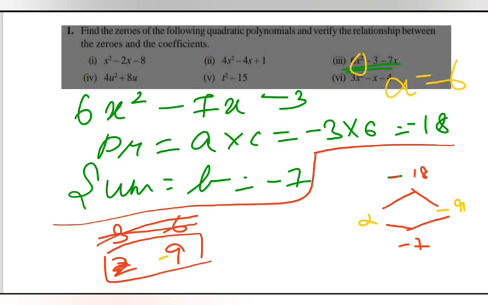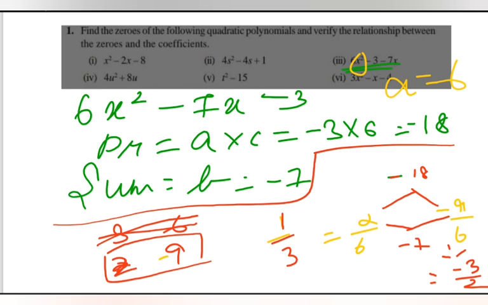Here a x square, so divide by 6, divided by 6. That will be equal to 1 by 3, and this will be equal to minus 3 by 2. So opposite signs of these will be your alpha and beta.